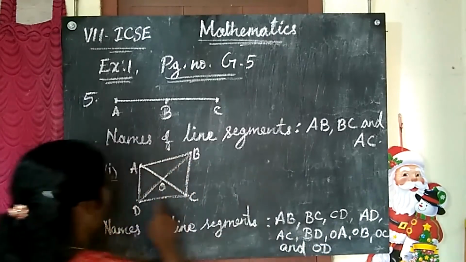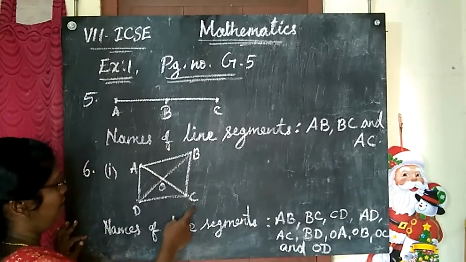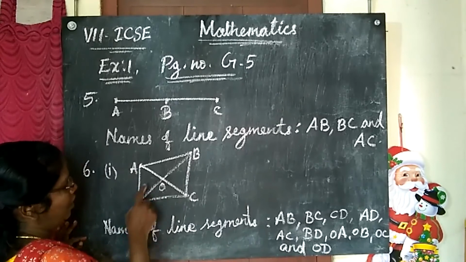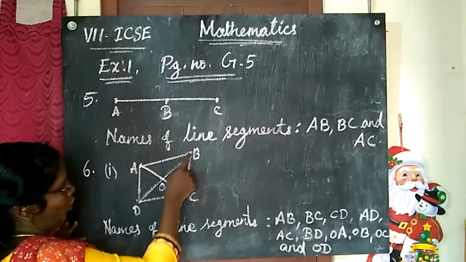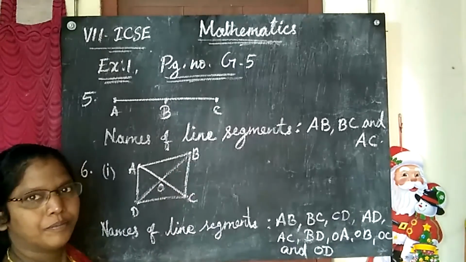Understood, children? AB, BC, CD, AD, then AC, BD, then OA, OB, OC, OD.